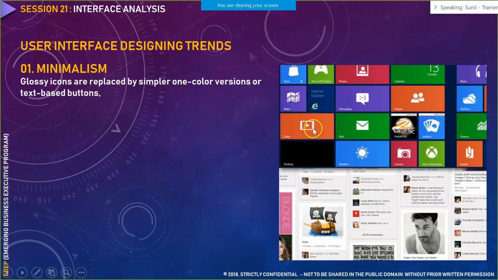So even though you don't write 4 5 sentences around what's the core functionality of that particular button or that particular image would be, you can convey that message with the help of one color version of the icons that you create. So that is called minimalism, wherein you are minimizing the information and introducing the users with graphics.